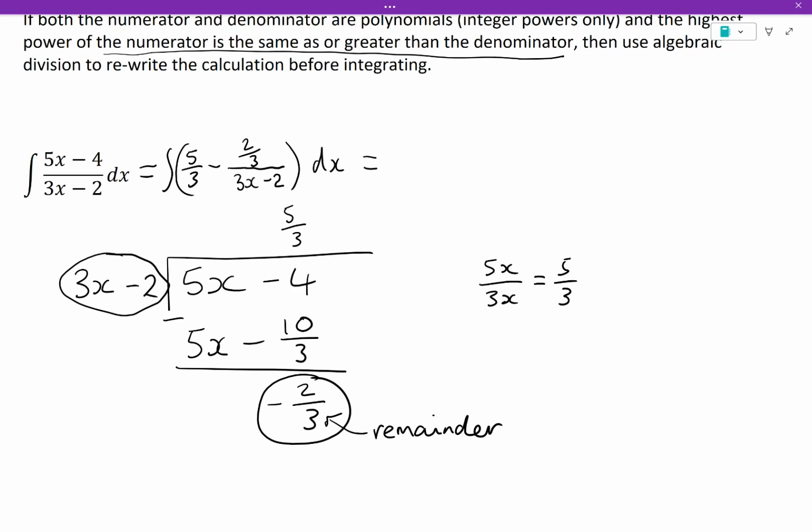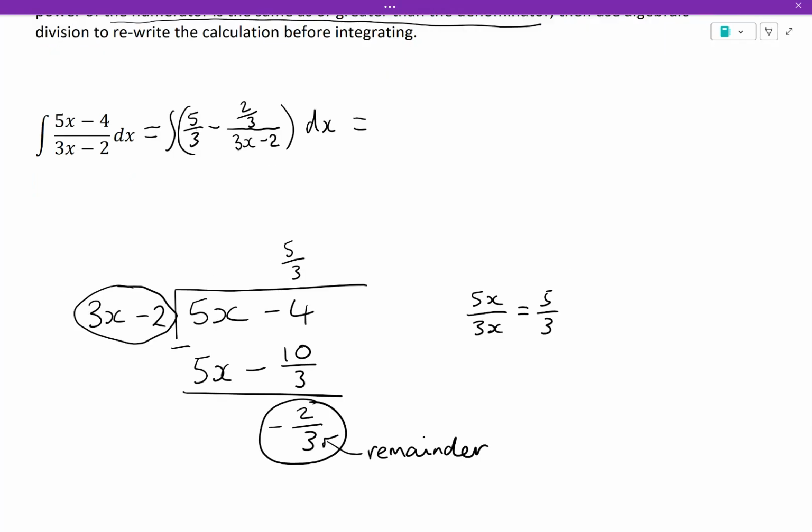So now let's try and integrate what we've got there. So let's integrate my first term, which is just a constant. So that's just going to become 5/3 of x. Okay. And then that fraction's looking a bit more complicated. So I'm just going to write it again over here. We've got to subtract. And then we'll have the integral of 2/3 over 3x take 2 with respect to x.